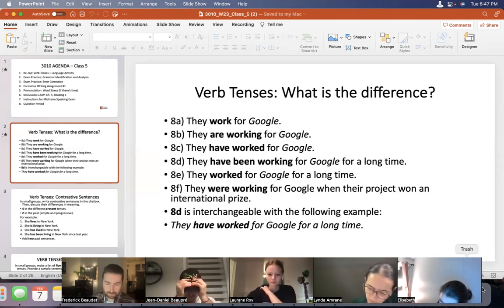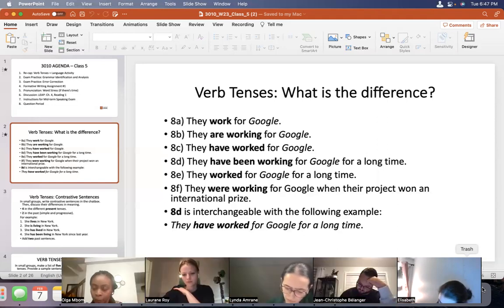So when you have the past progressive, it's an action in progress in the past. When, and there's an interruption that happened, and the interruption is in the simple past, like won.